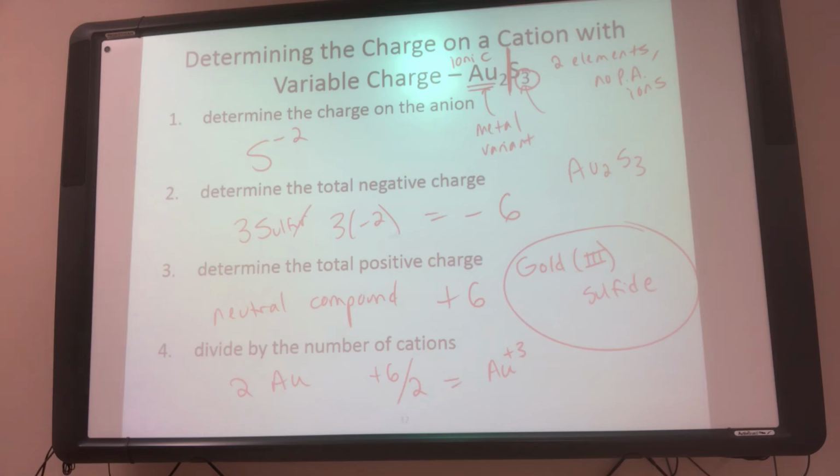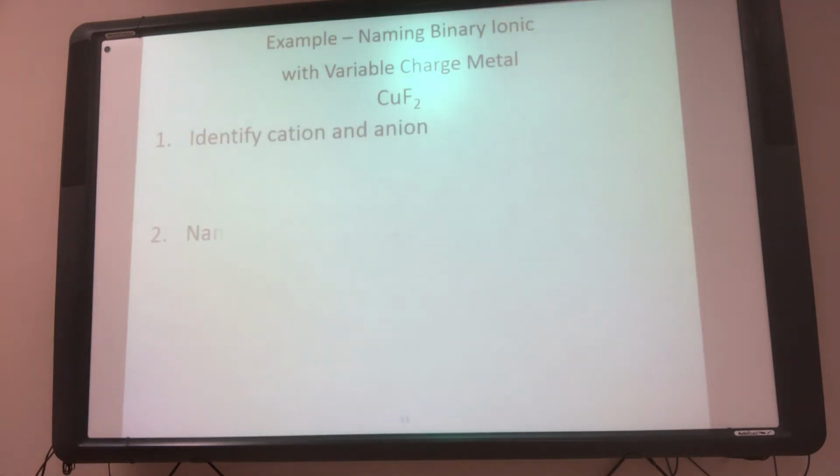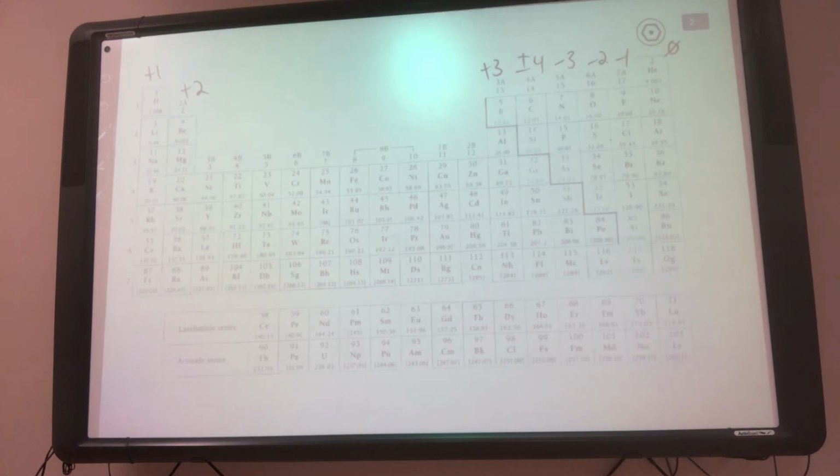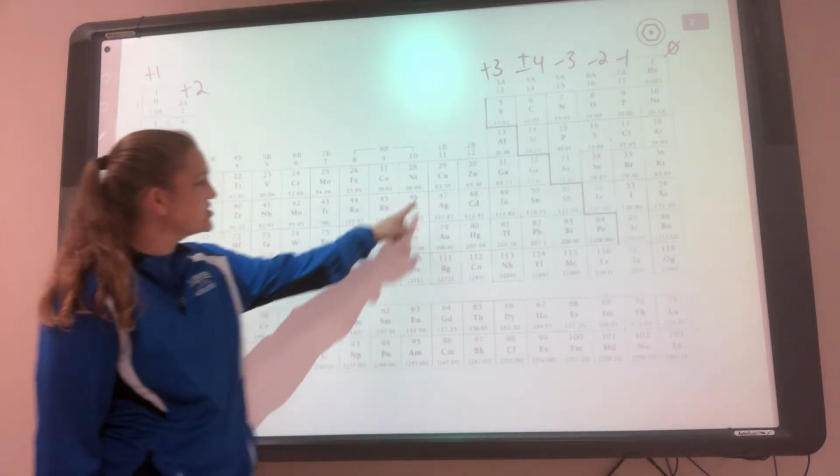All right, let's do another example. So same process. You're going to see that the thought process is the same every time you get a problem. How many elements? There's 2 elements. So there's no polyatomic ion. Figure out what this first guy is. Cu. So let me find him. Here's Cu.